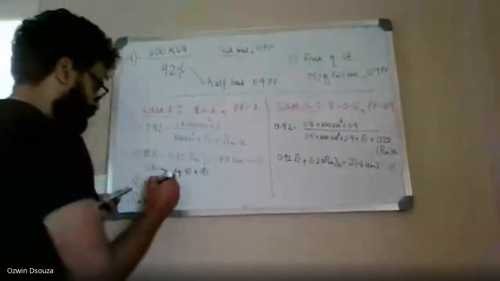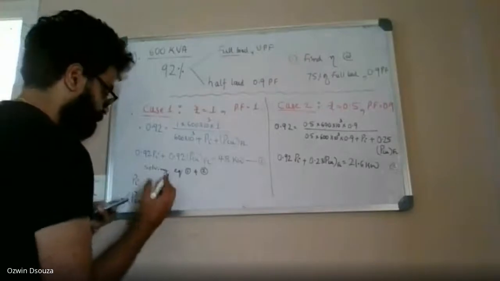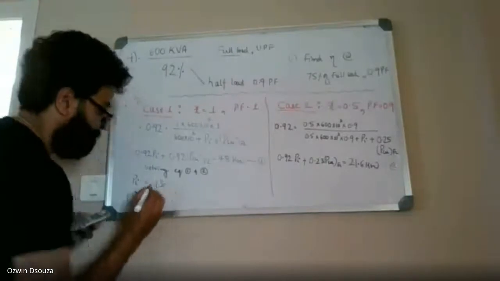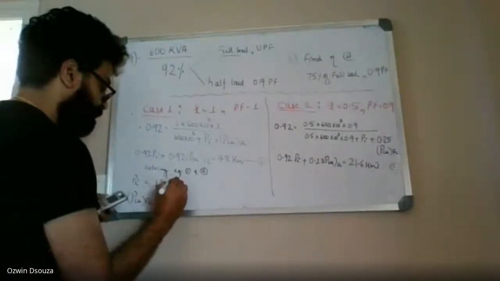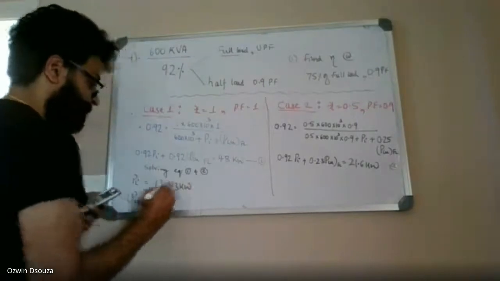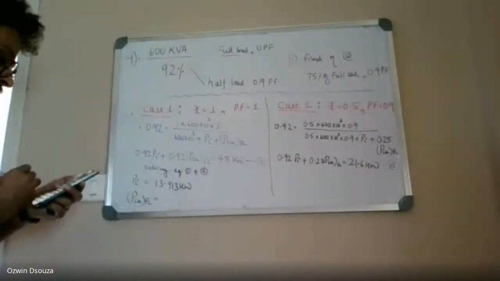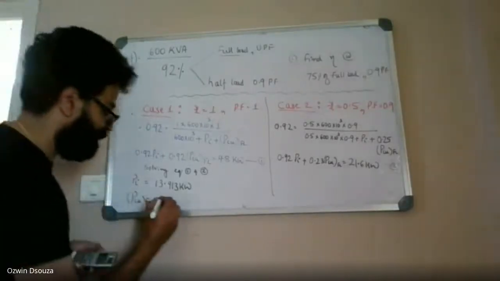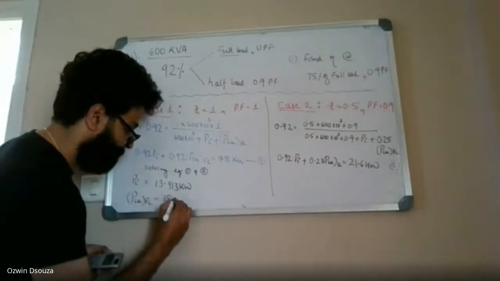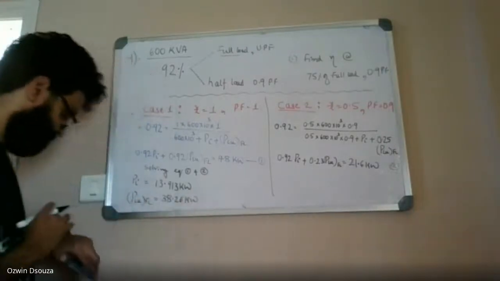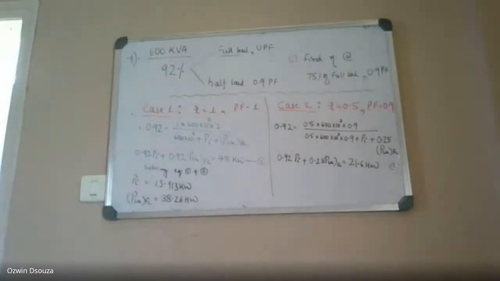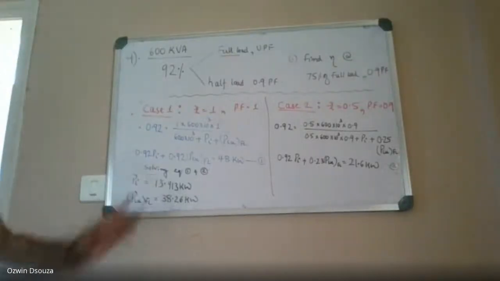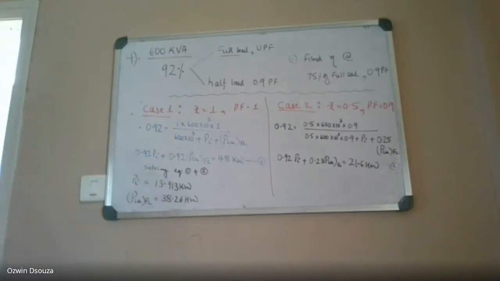So when you solve, you will get iron loss as 13.913 kilowatt and 38.26 kilowatt. All right. So please check. The iron loss is 13.91 and P_CU full load is 38.26.